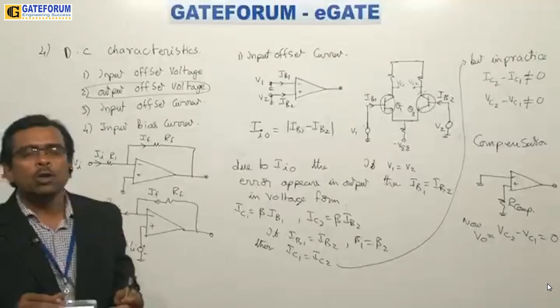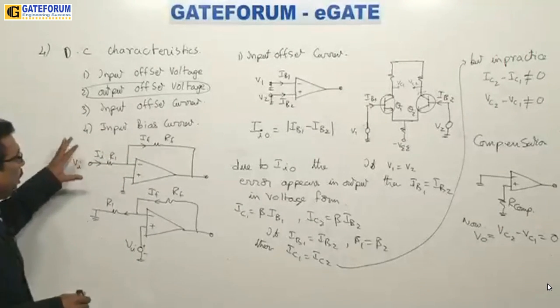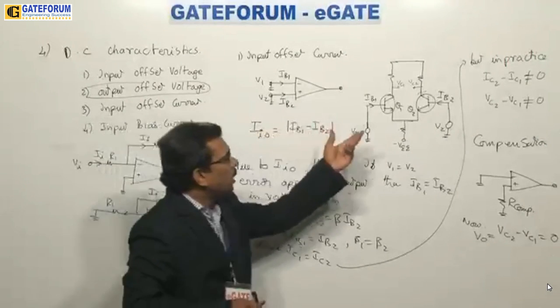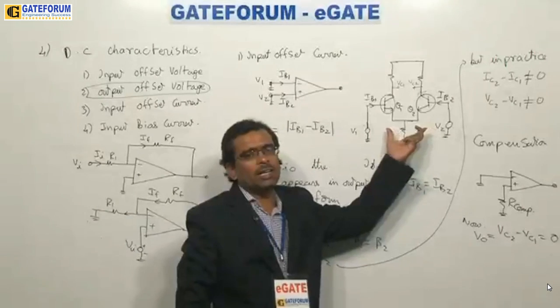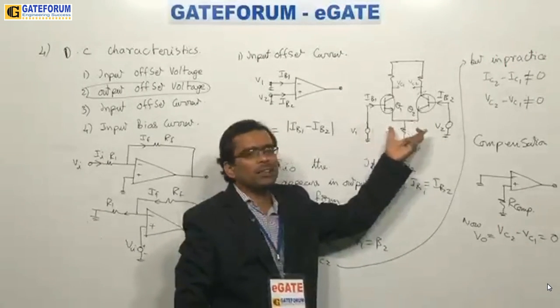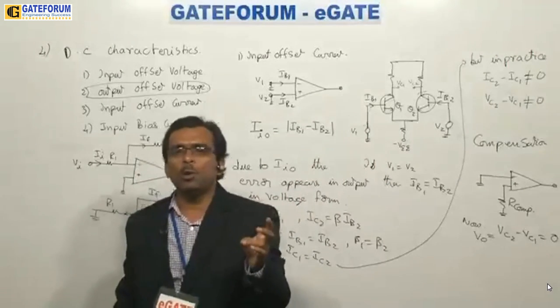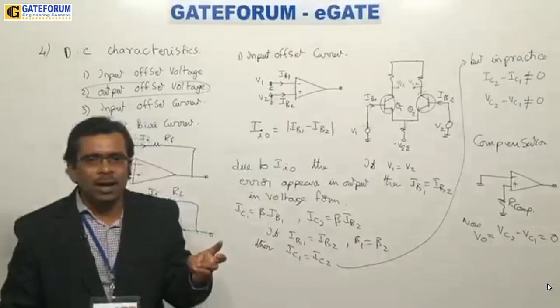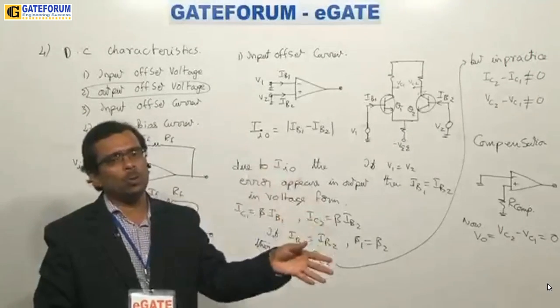From this point you should understand that due to the error, or you can say mismatch in transistors, the input offset voltage and input offset current will appear, and these errors will appear in voltage form at the output.